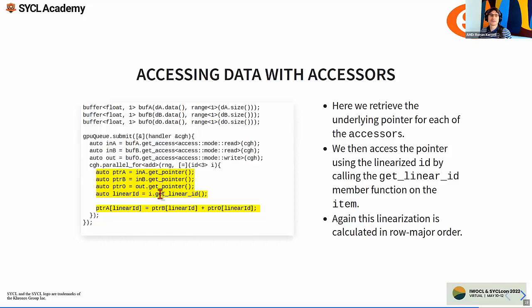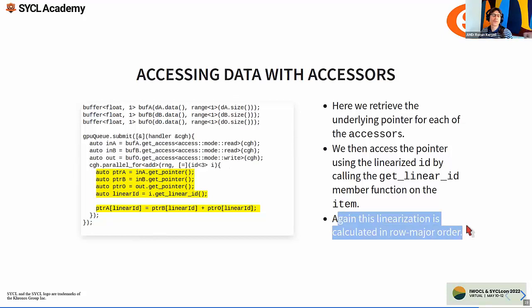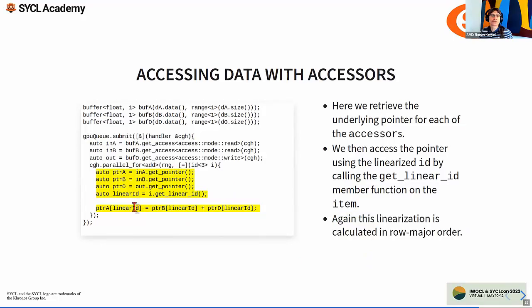And we can use the get linear ID function to get a linearized ID from the 3D down to the 1D according to a row major order, which is the normal C++ way to linearize arrays. And then you can just index your pointers as in normal C++ with this linear ID, which is a size_t.